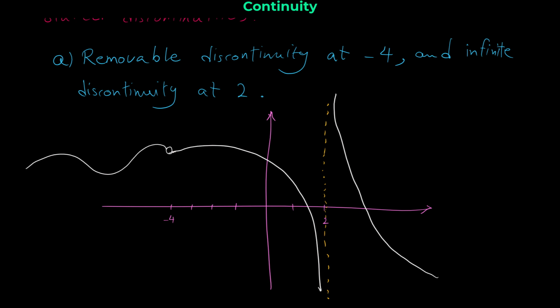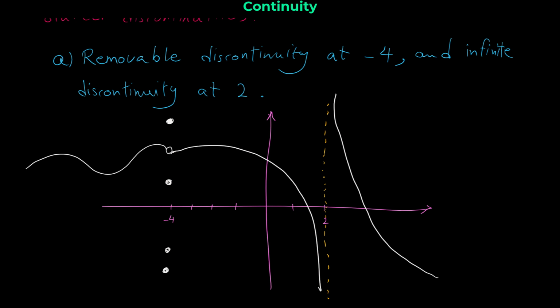We have a removable discontinuity at -4 and an infinite discontinuity at 2. Let me add something about -4. At point -4, I put a hole because we want to have a removable discontinuity. But attention, you can give a value to your function at -4. You can put a point for -4 somewhere above -4, below -4, or on the x-axis, something like this. You can put a point here maybe, or any other point.